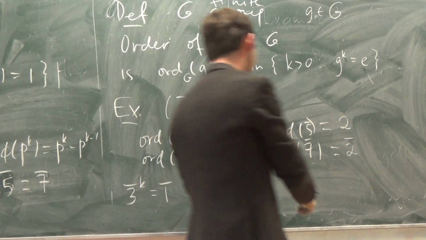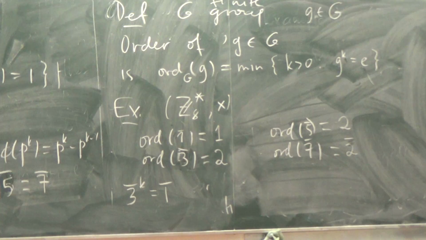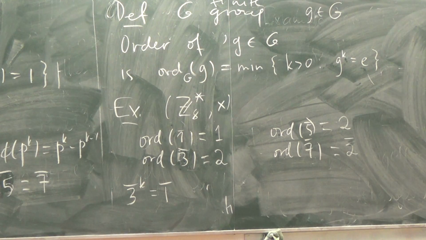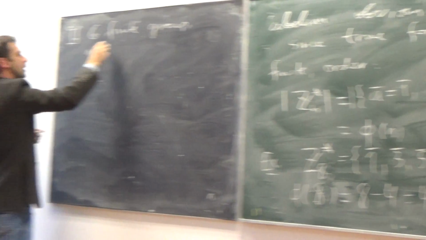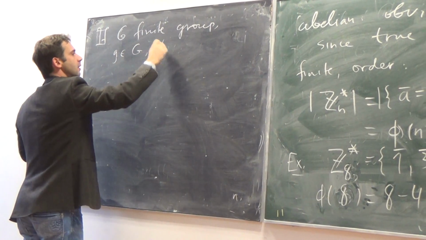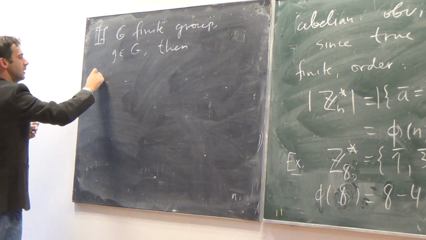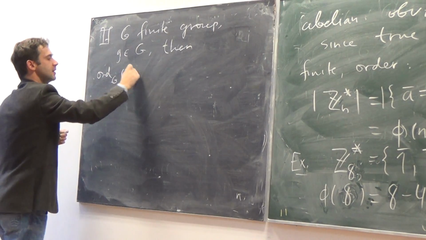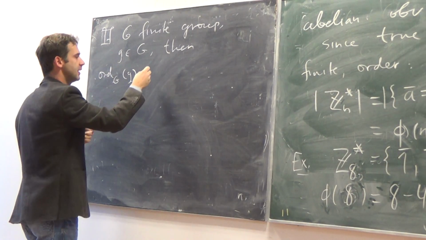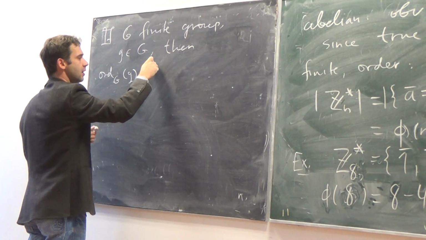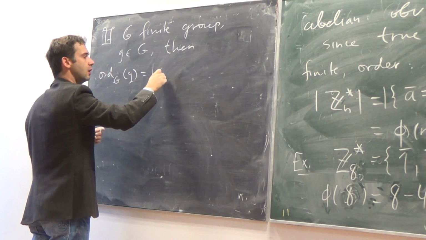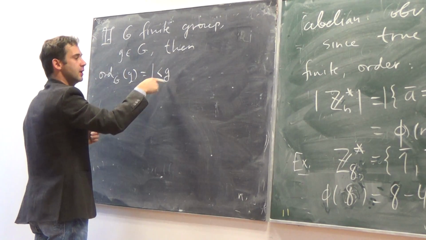So let's get a different viewpoint on order. That's the following observation. If G is a finite group and I take an element g from it, I want to express the order as something else: the number of elements in the subgroup generated by g.